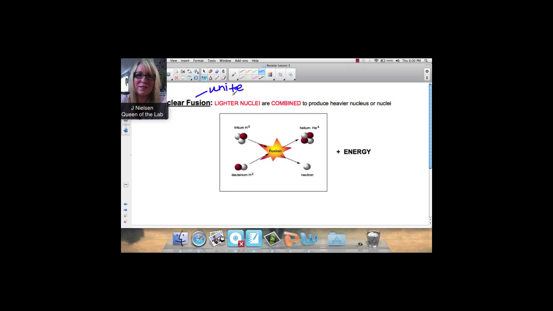And we are uniting 2 smaller nuclei into a heavier nucleus. And this is often done with tritium, which is an isotope of hydrogen, and deuterium, which is an isotope of hydrogen. And they fuse together and they form helium.